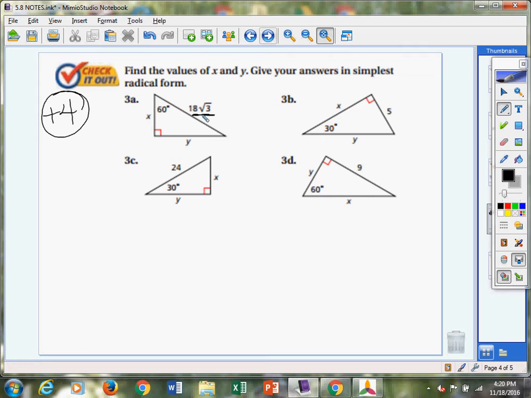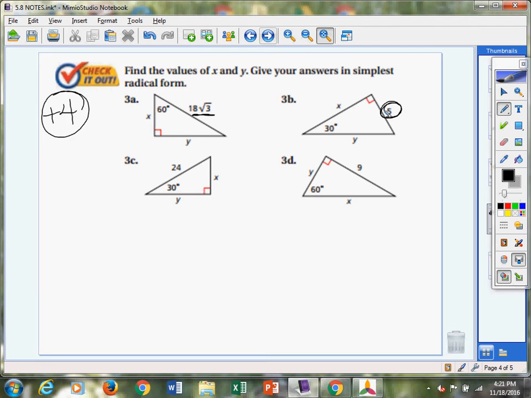And then 3B, that one's really super simple because you're starting with the short leg. So as long as you're starting with the short leg, it's really simple because all you have to do to get the medium leg is multiply by the square root of 3, and to get the hypotenuse, you multiply by 2. I love it when you start with a short leg. To me, that's the easiest one on the board.